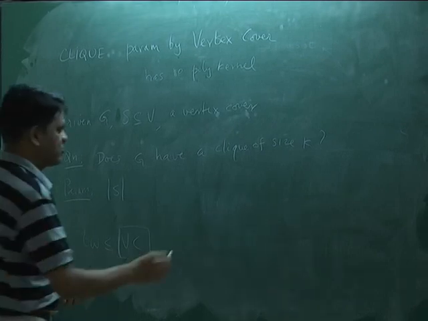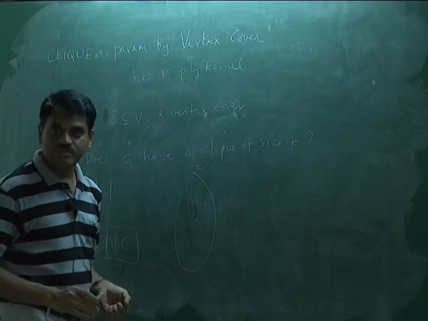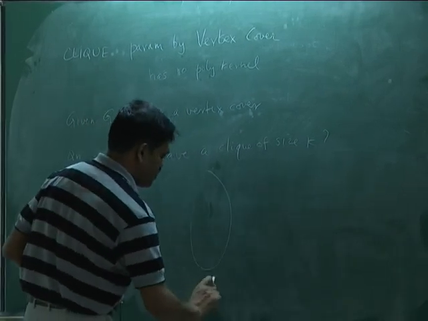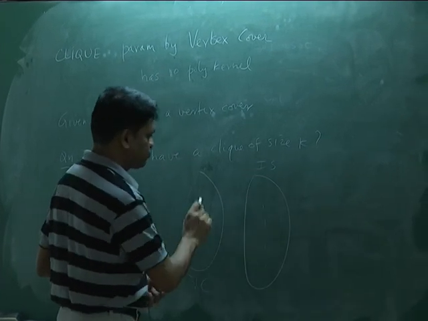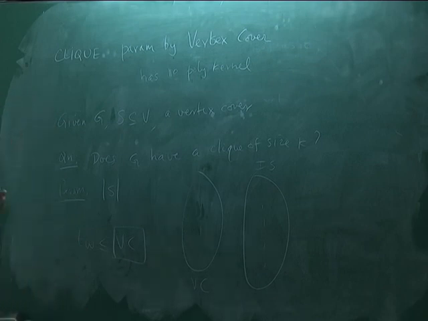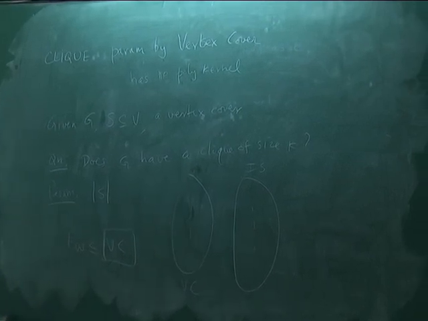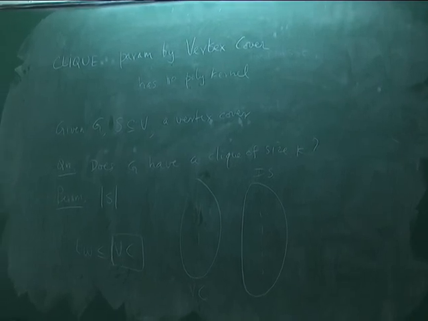If you have a vertex cover of size k, what do we know about the rest? This is an independent set. So what can be the size of the maximum clique? Maximum k plus 1, right?